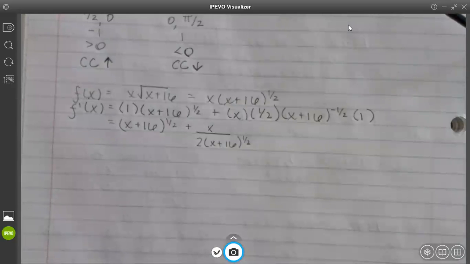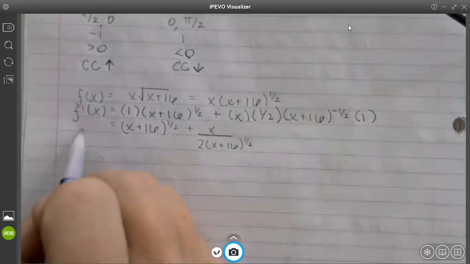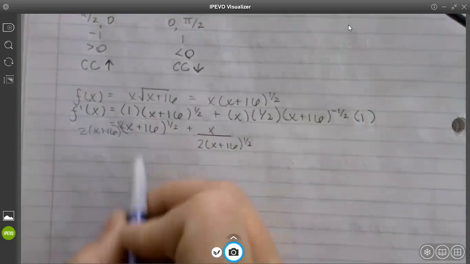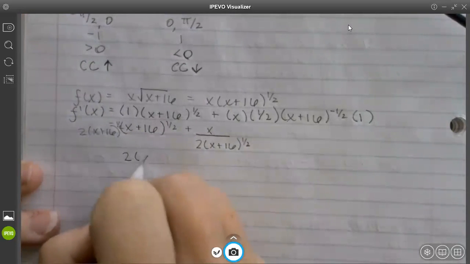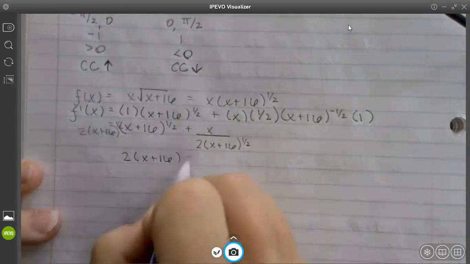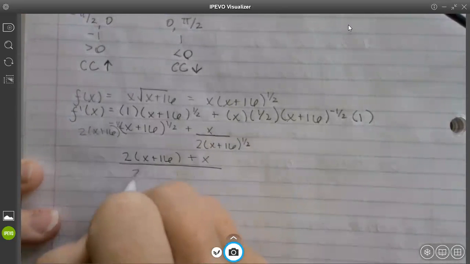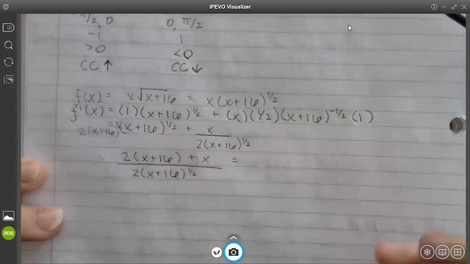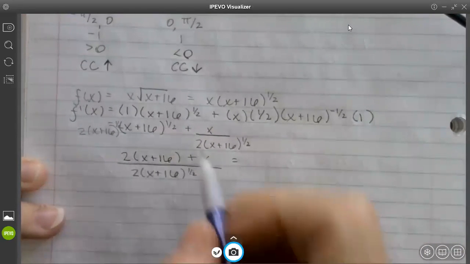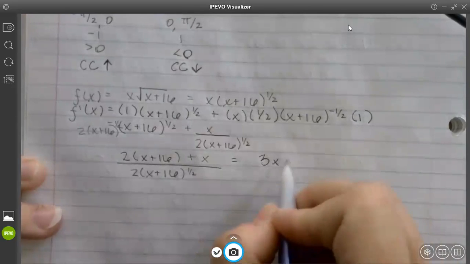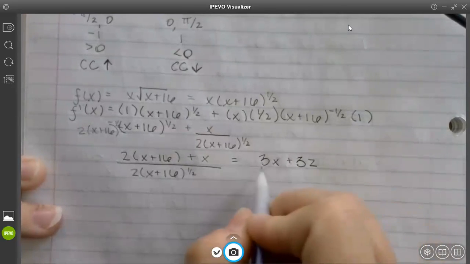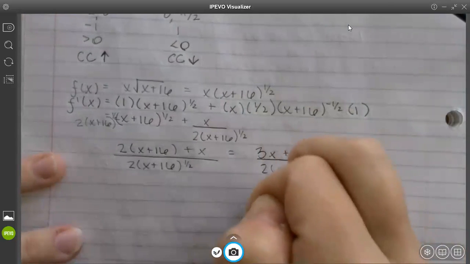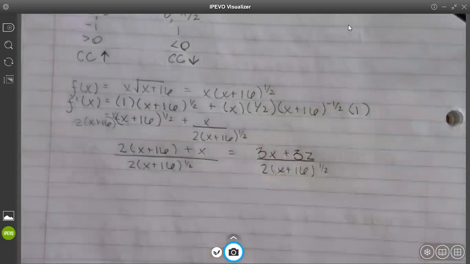What is your common denominator? So that gives us 2 times x plus 16 plus x over 2 times x plus 16 to the 1/2. Distribute, 2x plus x is 3x. 16 times 2 is 32. Over 2 times x plus 16 to the 1/2.